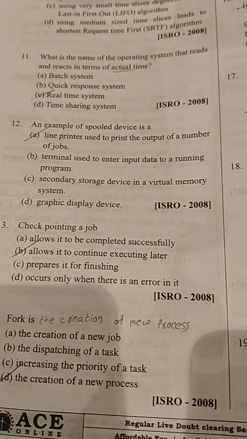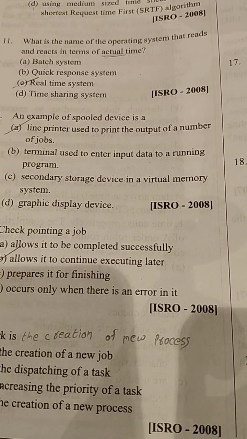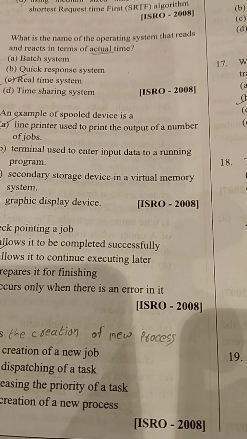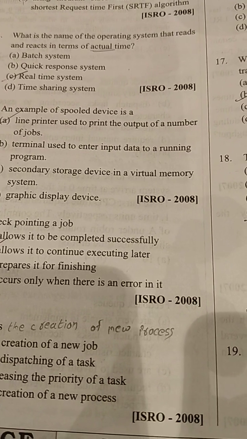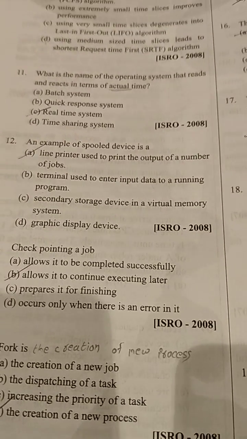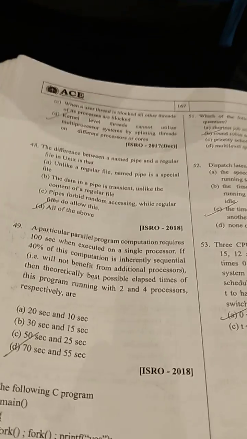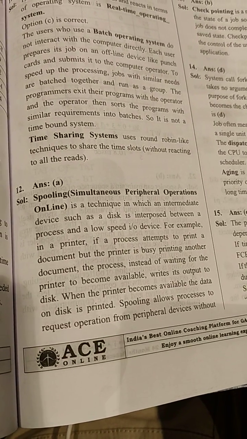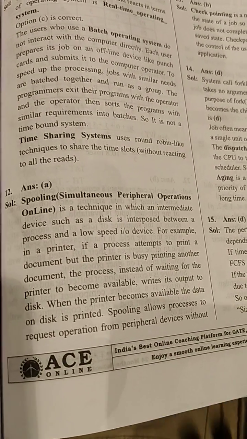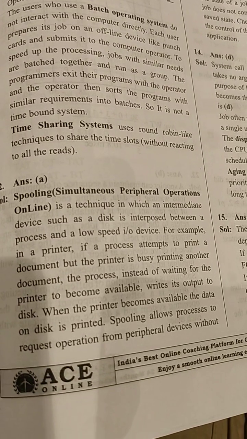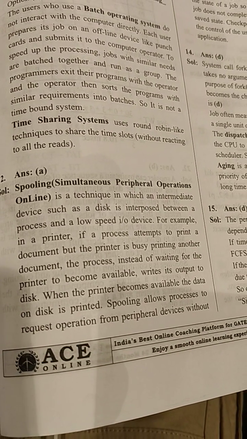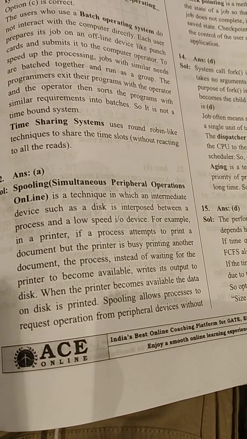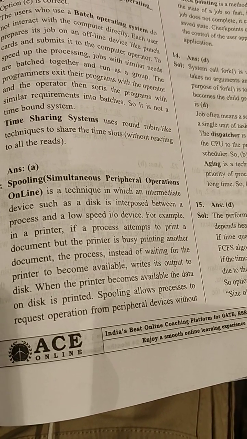An example of spooled devices is a line printer used to print the output of a number of jobs. Spooling, simultaneous peripheral operations on line, is a technique in which an intermediate device such as a disk is interposed between a process and a low-speed IO device.